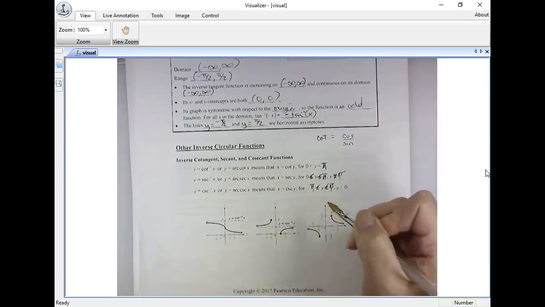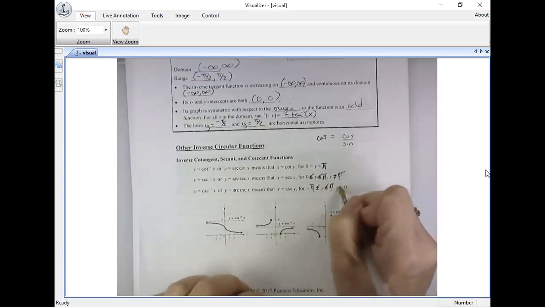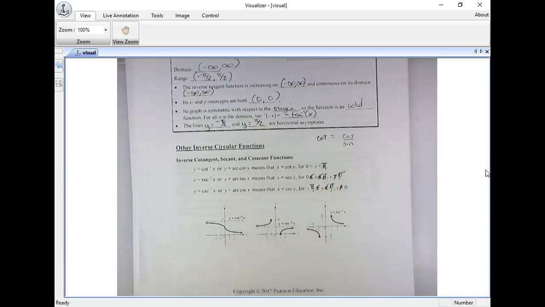In other words, we take quadrants 1 and 2, but we make sure we realize y cannot equal 0, because that's where it's going to be undefined. Okay, but that will give us all of the potential y values by doing it that way.